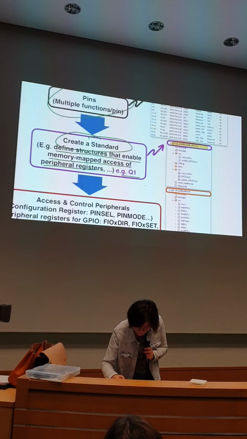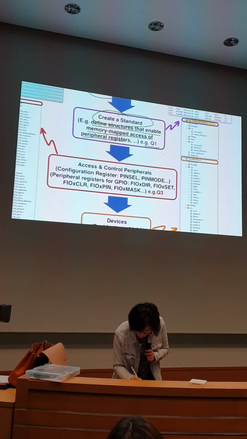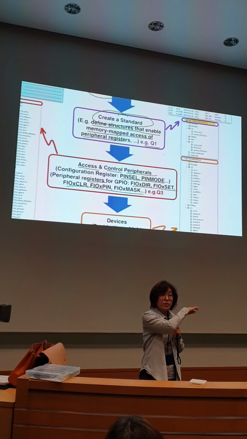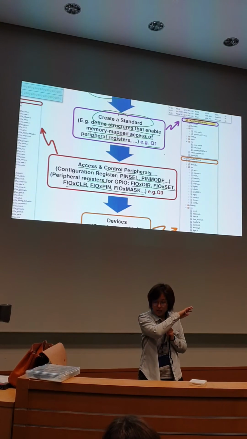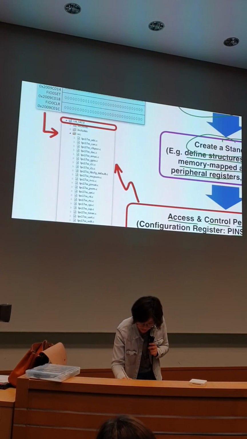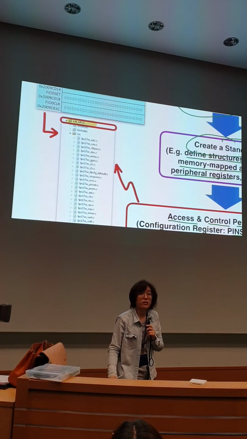And then you have a higher level, which allows you to access or control the peripherals by controlling the registers or GPIO registers, the ones I just introduced in the last slides. This is achieved by using this library, just like our question 3.